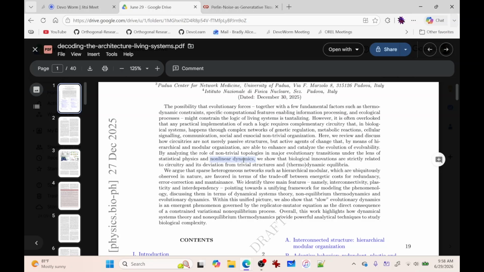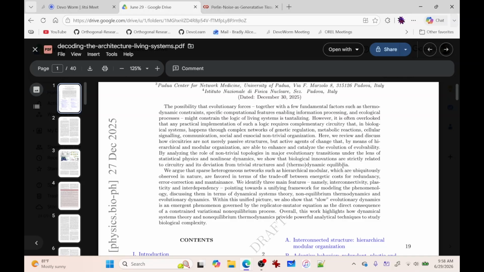That's one way of doing this. Statistical physics, like I showed you with the ensemble technique, is another way. Using these different types of lenses, looking at different major evolutionary transitions, we show that biological innovations are strictly related to circuitry and its deviation from trivial structures and thermodynamic equilibria.